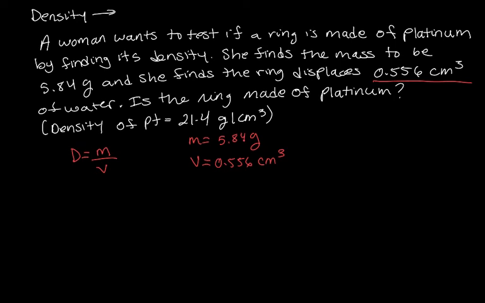So now that we have our mass, we also have our volume. We have one unknown factor, which is our density. So let's go ahead and plug in our values.